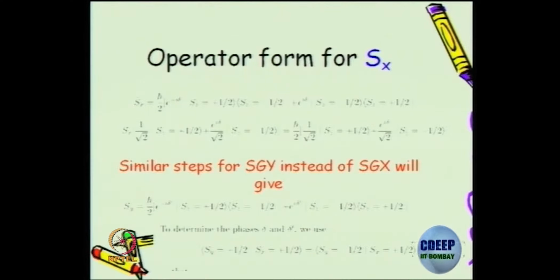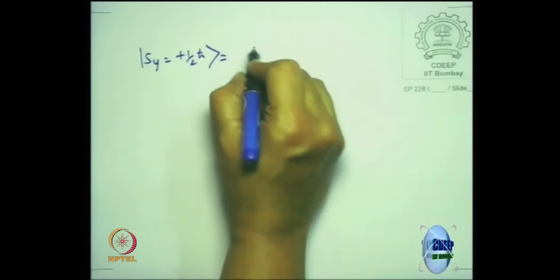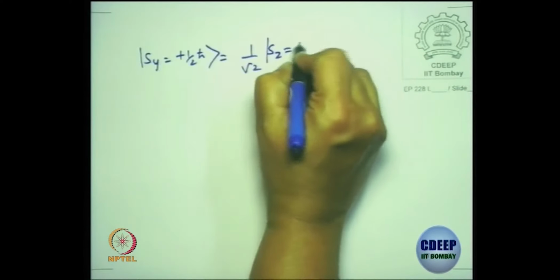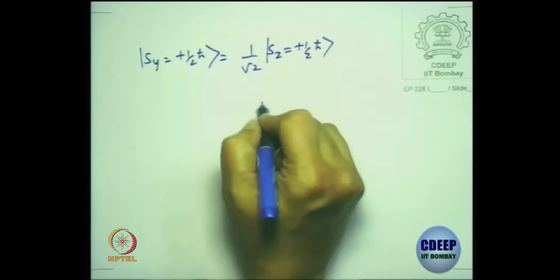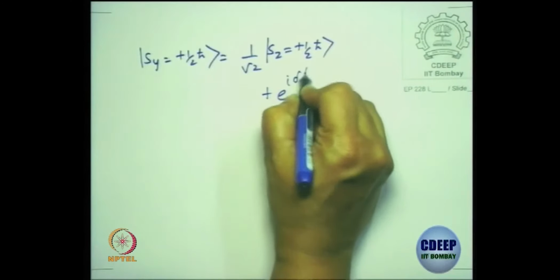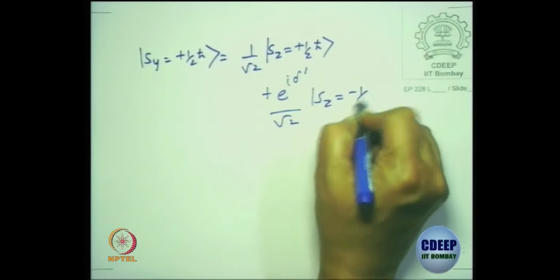Let me call it delta prime. Okay, so I can do that. Write it as 1 over root 2 times Sz equal to plus half h cross, plus e to the power of i delta prime by root 2 Sz equal to minus half h cross.